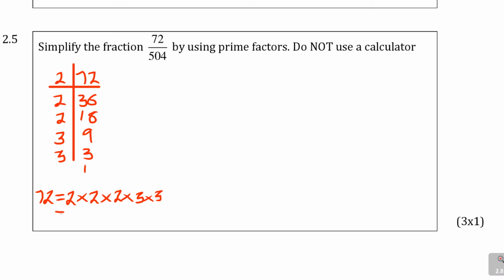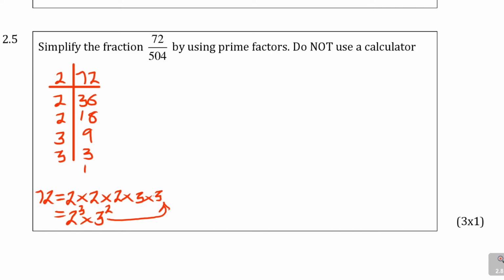Now, your calculator will just give you 2 to the power of 3 times 3 to the power of 2. This is what your calculator will just give you. So you just work backwards. When your calculator gives you 2 to the power of 3, you start by saying 2 times 2 times 2, and then 3 to the power of 2, you say 3 times 3.